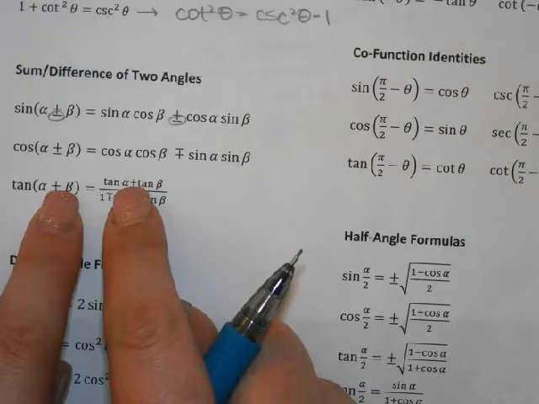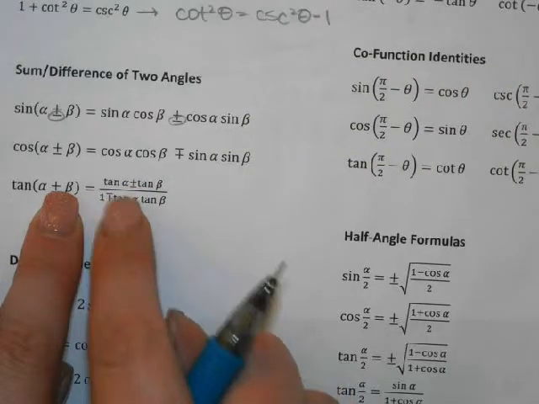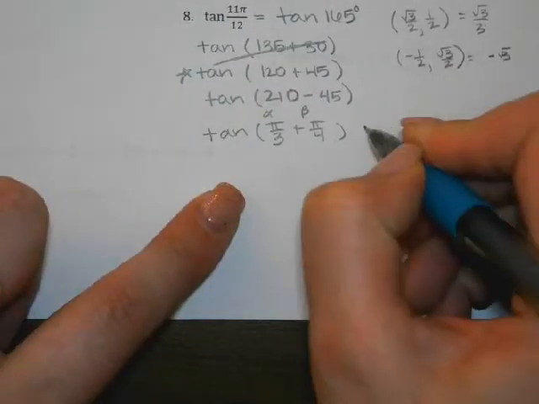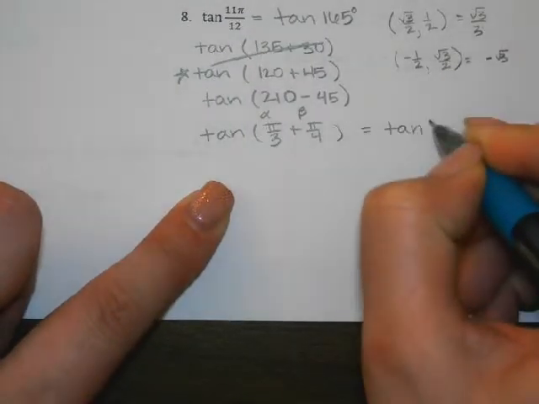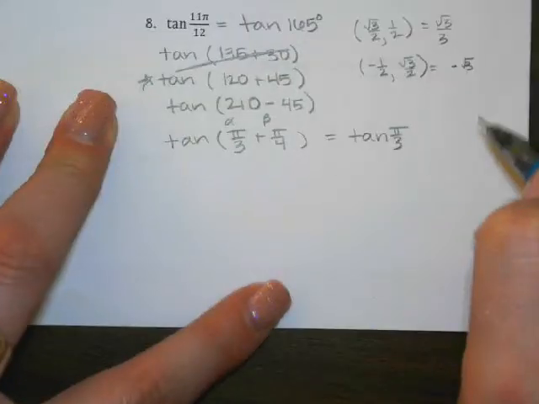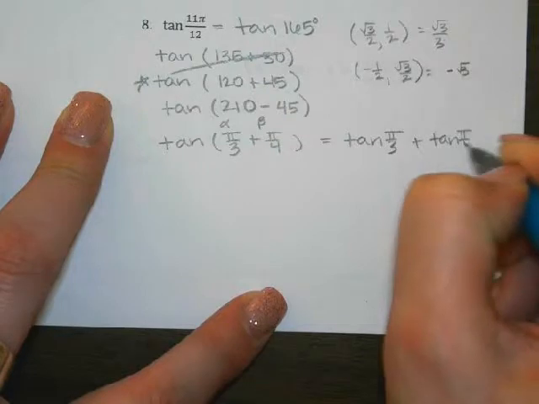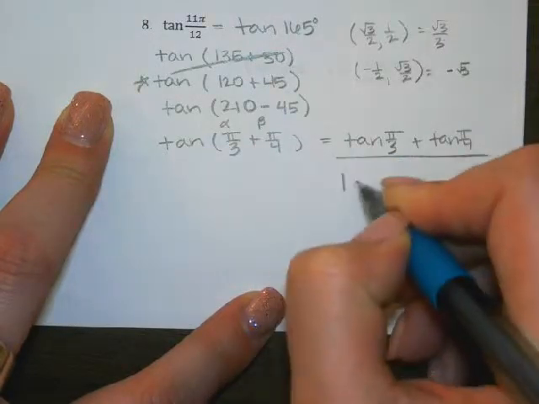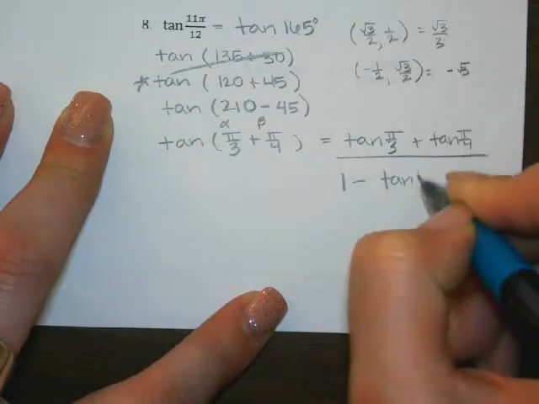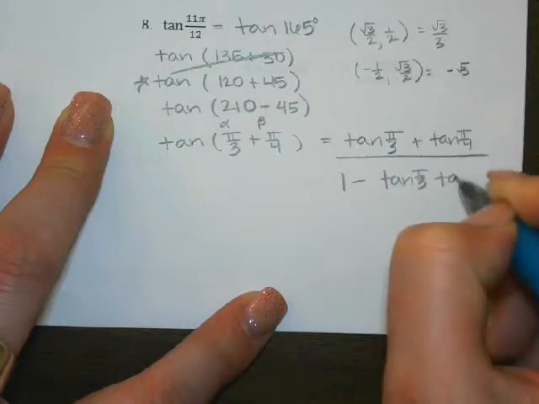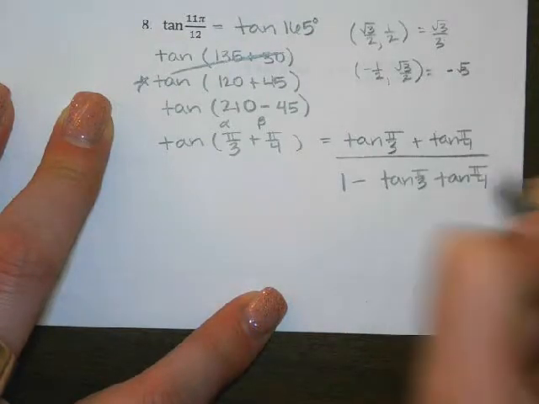For the bottom of the fraction, I do 1 minus the 2 multiplied. Okay? So for the top, I'm going to do tan alpha, which is pi thirds, plus tan beta, which is pi fourths, divided by 1 minus tan of pi thirds times tan of pi fourths.